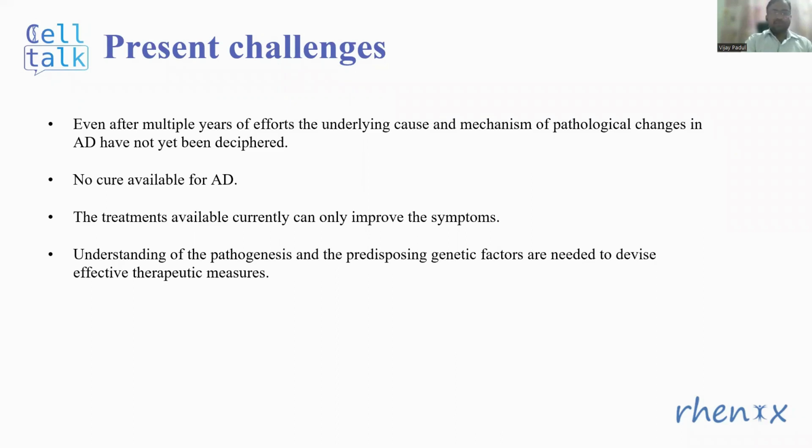Also, there is no cure available for Alzheimer's disease. Naturally, as we don't know the exact mechanism, a cure is not possible at this stage. The treatment currently available can only improve the symptoms. So only palliative care is available right now, but an actual remedy for the Alzheimer's disease phenotype is lacking. An understanding of the pathogenesis and predisposing genetic factors is needed to devise effective therapeutic measures.